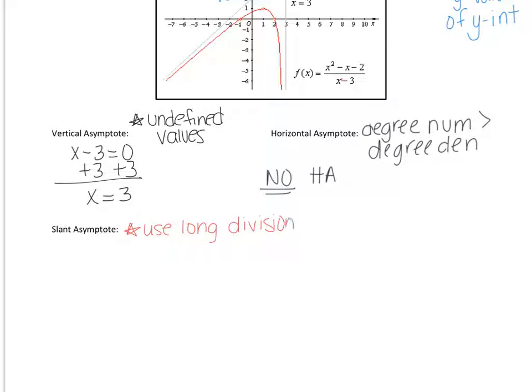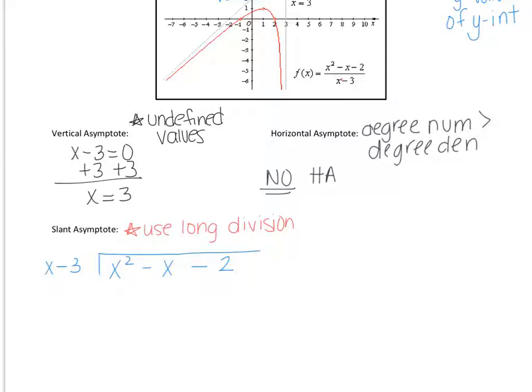We're going to take this rational function and divide this value by this value. So we'll put the x minus 3 on the outside, and on the inside we'll put x squared minus x minus 2. No placeholders necessary. Now let's just divide. How do I go from x to x squared?